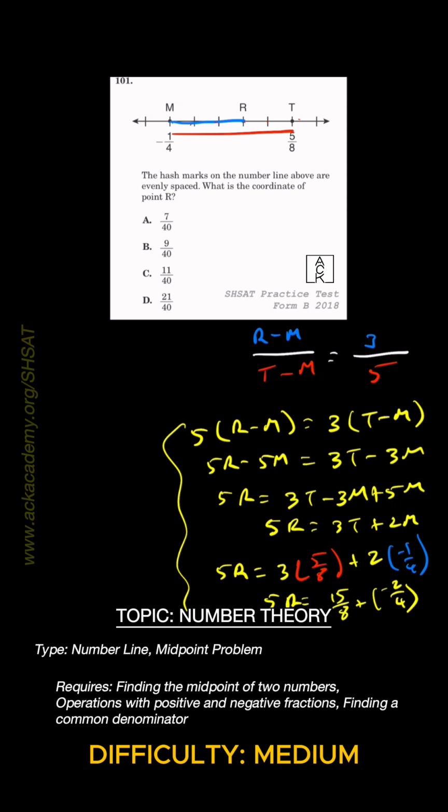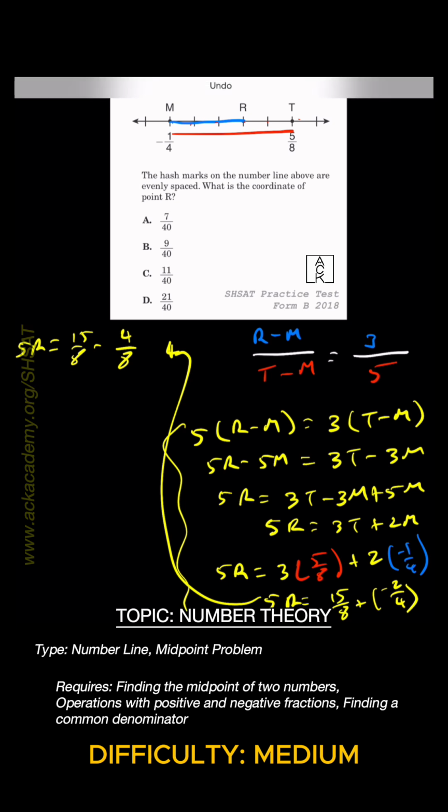Okay, so now we can add. Five R is equal to 15 over 8 minus 4, so 5R is equal to 11 over 8.